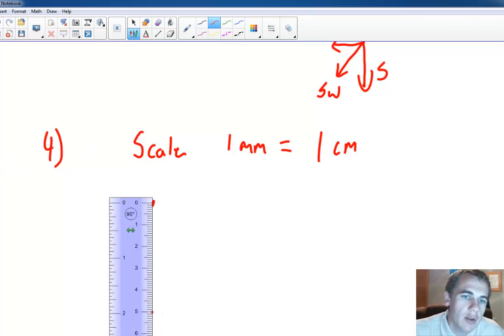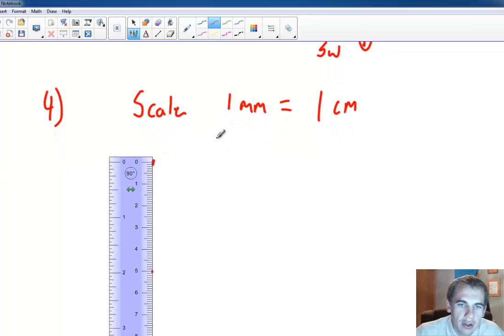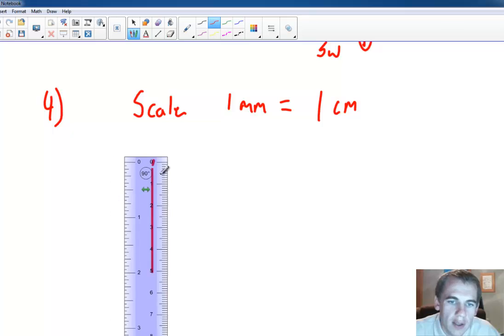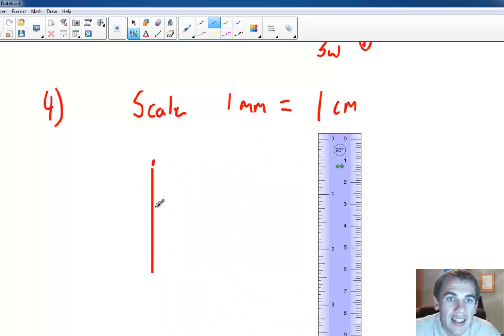Now I need to be able to measure southwest. First, I'm going to draw in this vector, right along there. Now I'm going to move this out of the way, and I need to put in a southwest, which means I need to measure an angle.